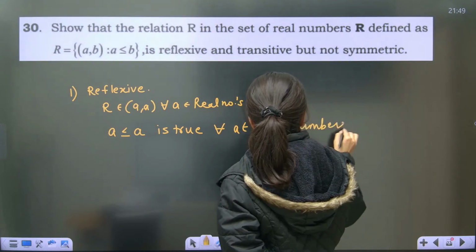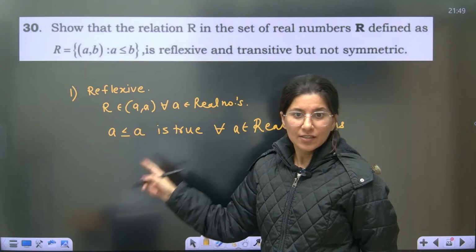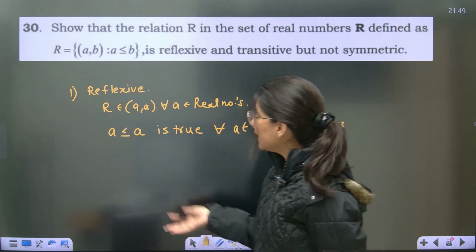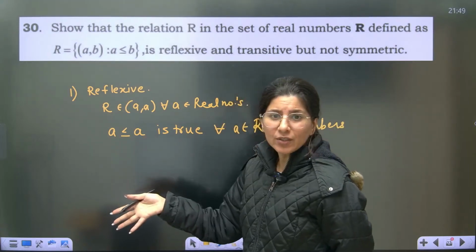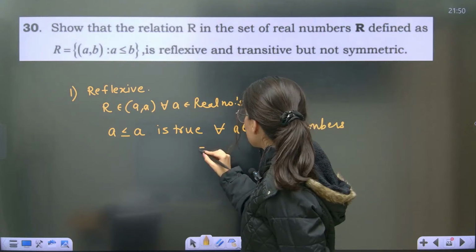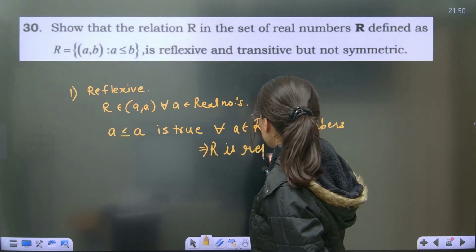This implies A is less than or equal to A, so (A, A) belongs to this relation, because this is absolutely true. That is why we will call this relation R reflexive.